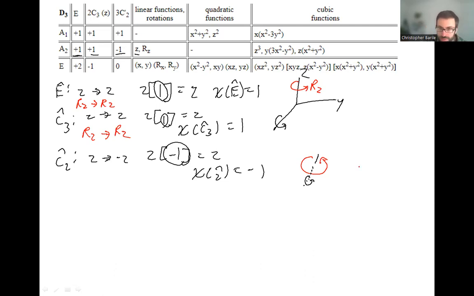And so what that ends up doing is it exchanges the positions of the head and the tail. And so where you had the rotation vector going in one direction this way, now you have the rotation direction actually changing. And so that means that RZ went into negative RZ, and that's why we have a -1 here, and the chi being -1. And so RZ also transforms like Z in A2 symmetry.